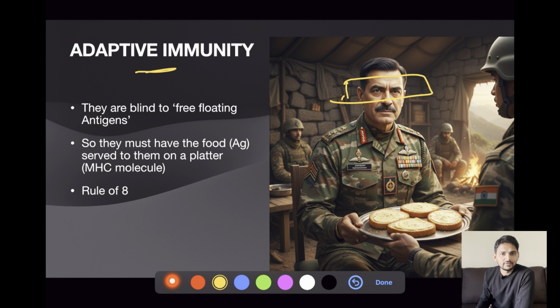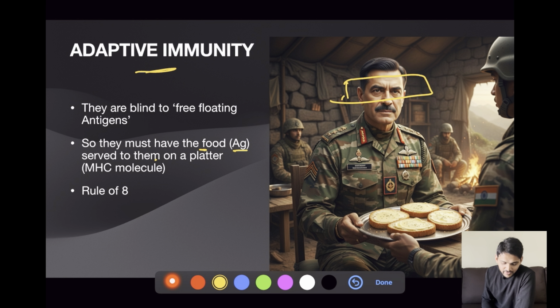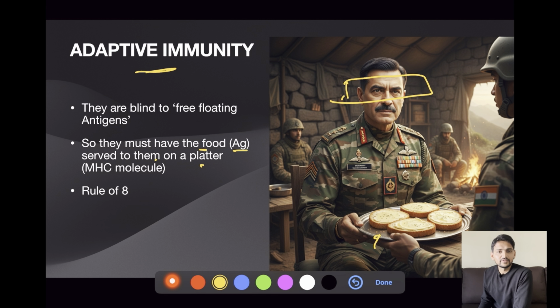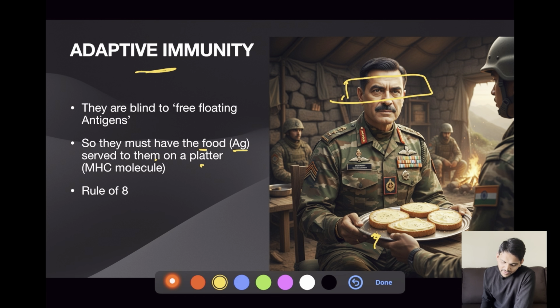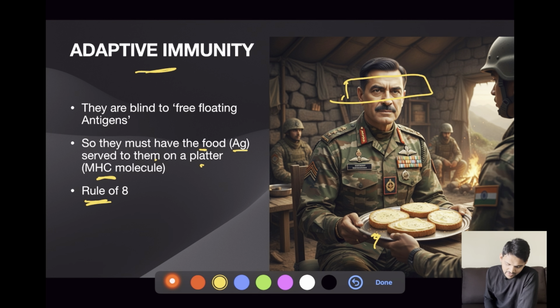They want mehman nawazi, hospitality. They must have the food, or the antigen, served to them on a platter, just like this, by someone. Then they will start their action. So what is this platter? It is nothing but the MHC molecule. For that we have a rule of 8. That is nothing but these adaptive immunity cells are very particular about the platter also.